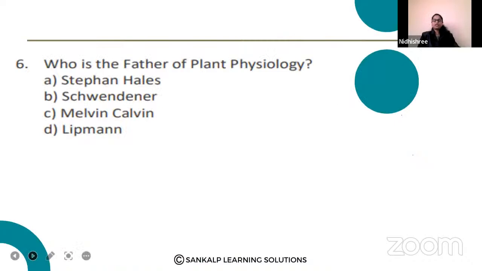Then sixth question goes like this, guys. Who is the father of plant physiology? Stephen Hales, Sachs, Melvin Calvin, Lippmann. Who is the father of plant physiology?